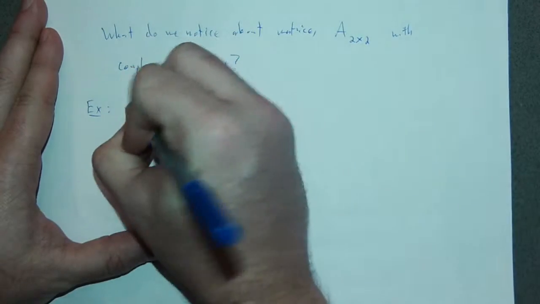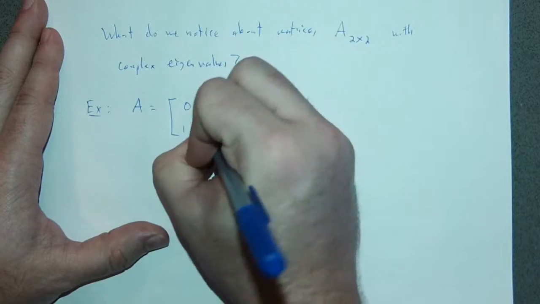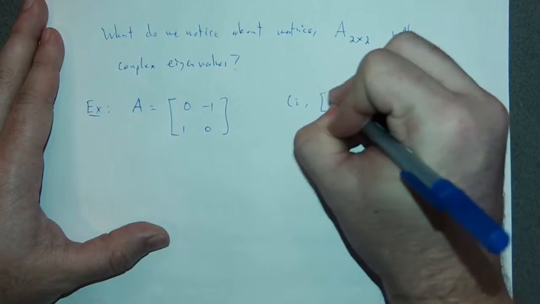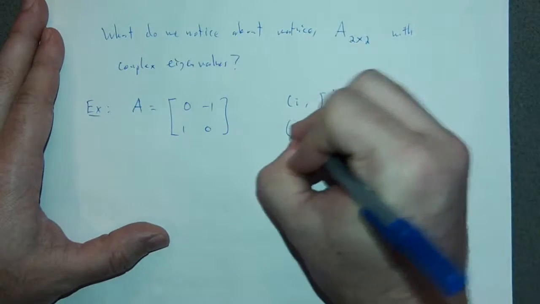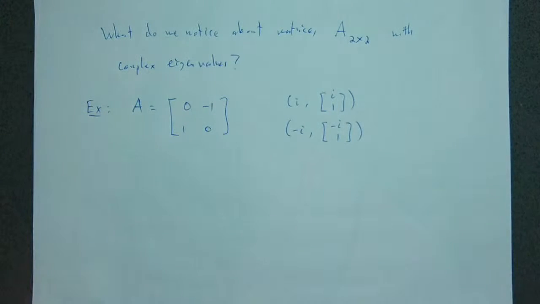We have a matrix A, and our matrix was [0, -1; 1, 0]. We saw that it had eigenpairs i, (i, 1) and -i, (-i, 1). I'm going to do something just to show you an algebra trick here. These eigenvectors are defined up to scalar multiplication, but the scalars we're allowed now are bigger.